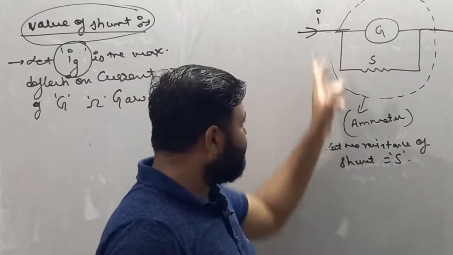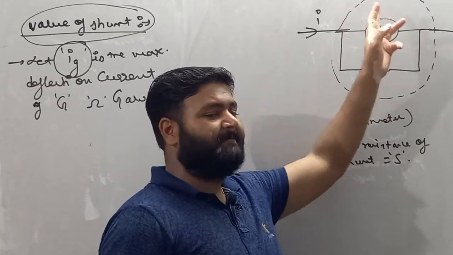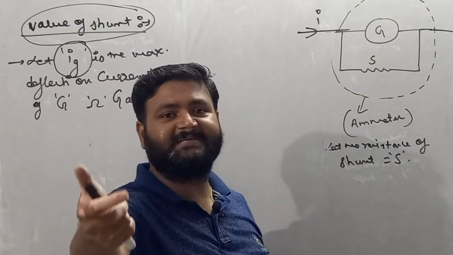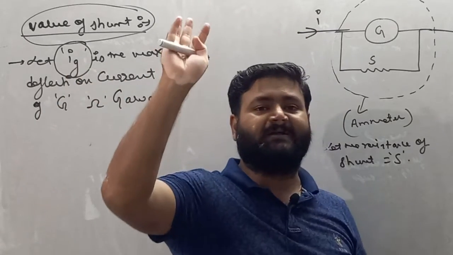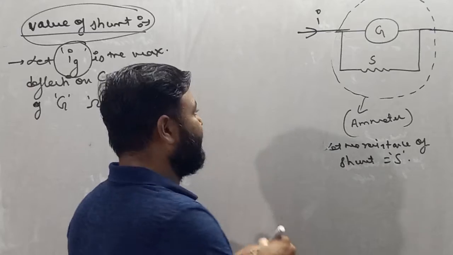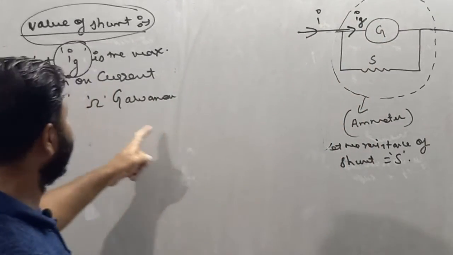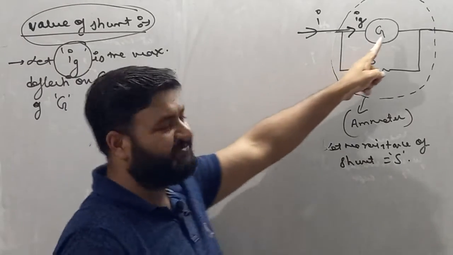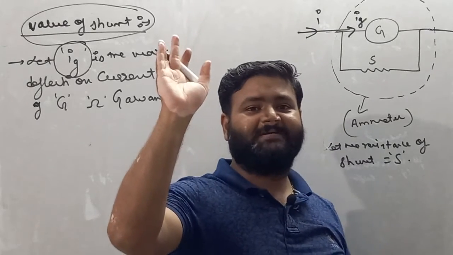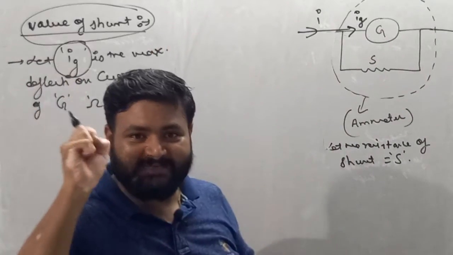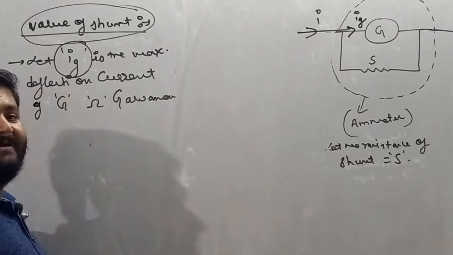So for making an ammeter, the arrangement is created so that whatever the value of input current is, the galvanometer carries only its maximum deflection current, and I am considering Ig to be the maximum deflection current. Whatsoever be the value of input current, don't worry. The galvanometer takes only that much current on which it shows maximum deflection.